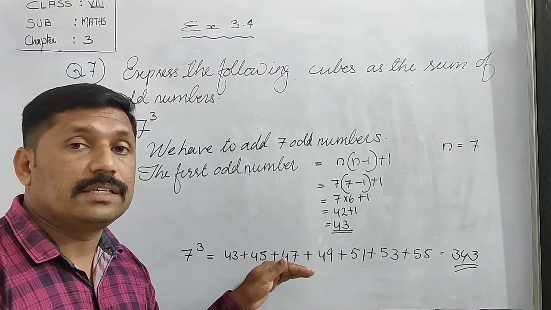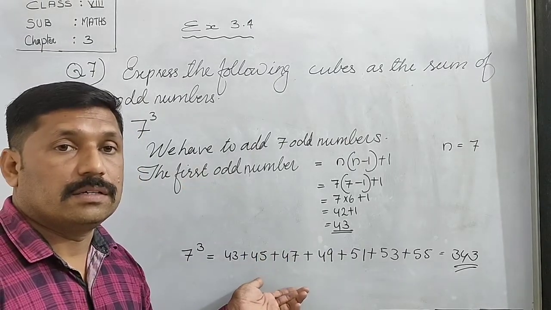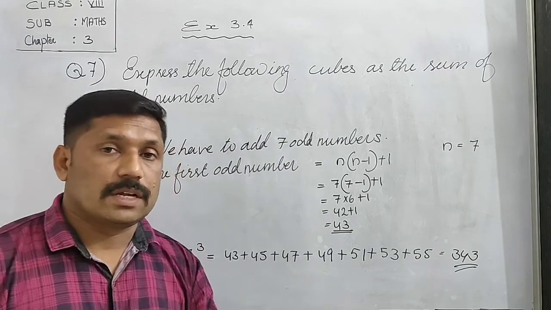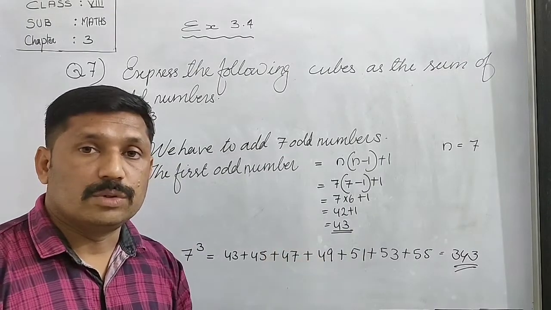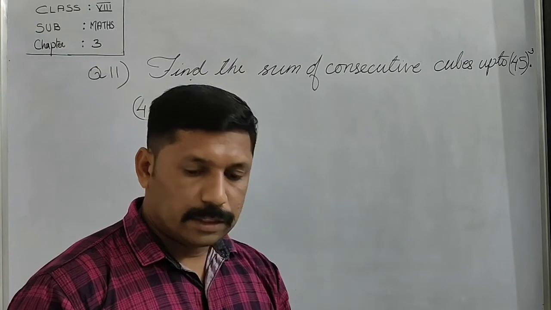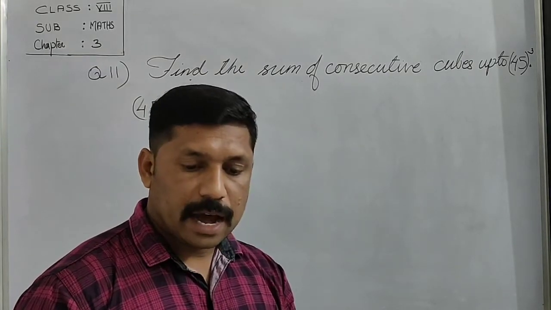After getting the first number, we add continuously the required odd numbers. Okay. There are some questions from this 7th question that you have to do as homework. Now we are going to solve question number 11, and questions 8, 9 and 10.